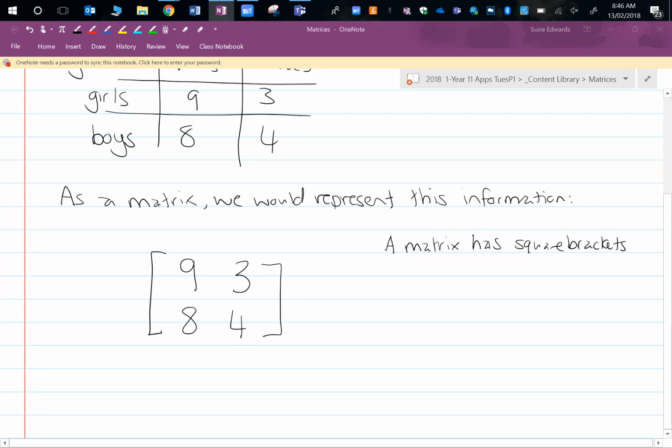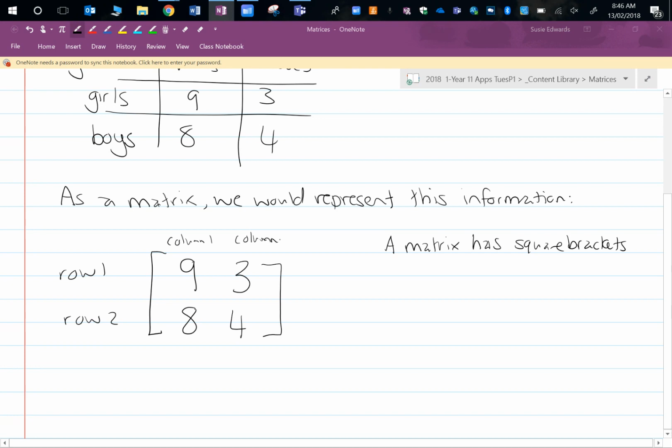Now, what we're going to talk about quite a lot is rows and columns. All right, so rows, which way do rows go? Crossways. Okay, so this would be row 1 and this would be row 2. Columns are going downwards, and you really need to know.